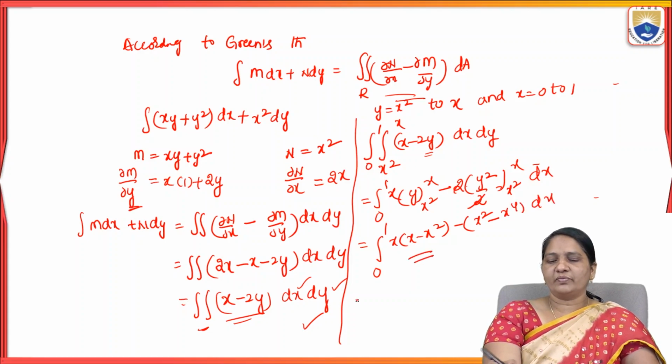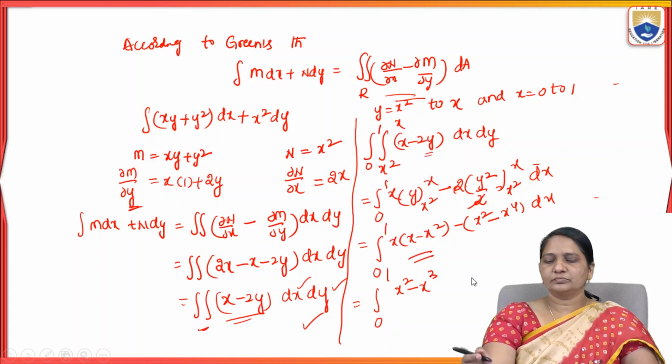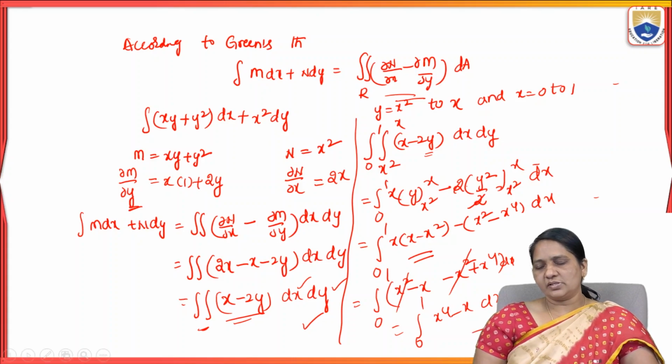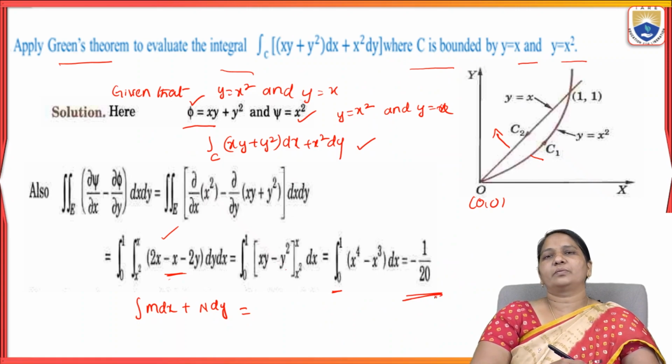Now we simplify this to get the final value: integral 0 to 1 of x squared minus x cube, minus x squared, minus of minus plus x power 4, into dx. So x squared will be cancelled. Finally integral 0 to 1 of x power 4 minus x cube into dx. When you integrate this and replace the values, finally we got the value minus 1 by 20.